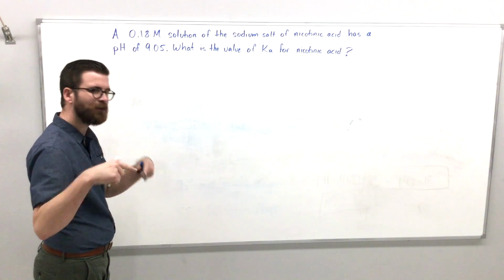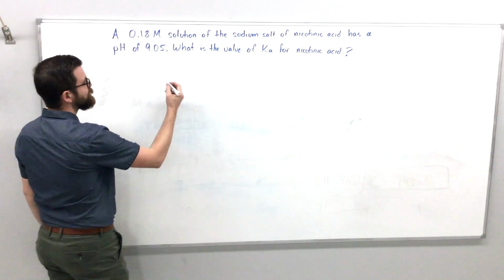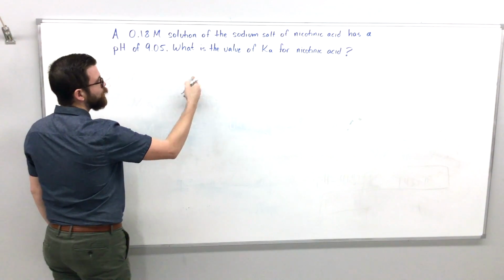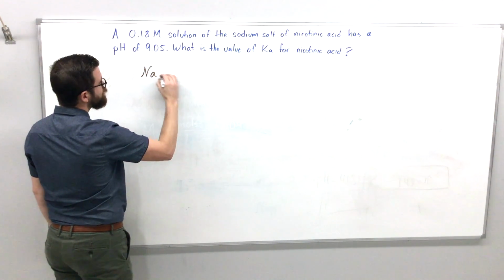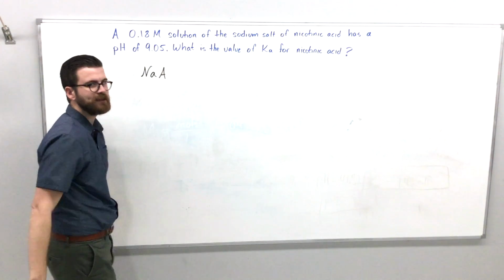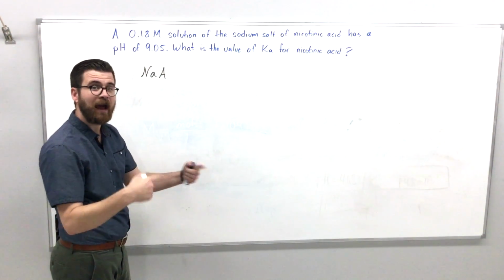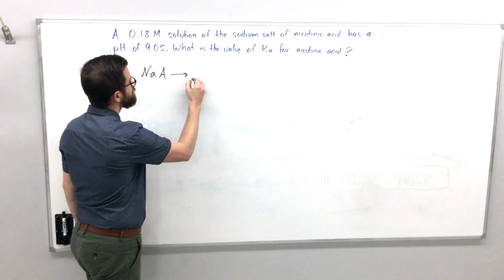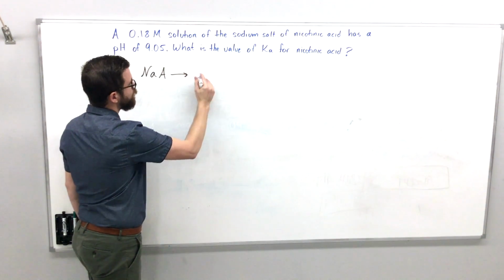So if you think about the ideas that we learned in class on Monday, what we can do is take this sodium salt of nicotinic acid and think about how each of the ions, when dissociated, interacts with water.